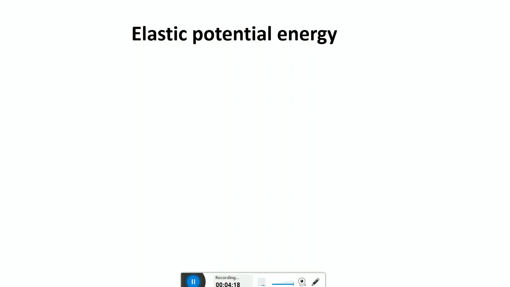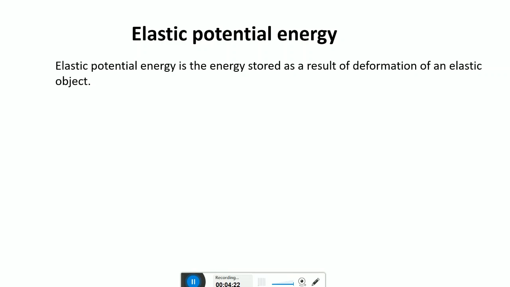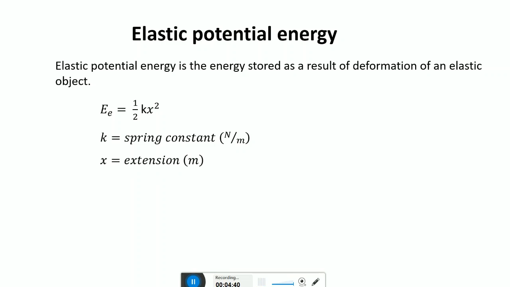Then elastic potential energy. It is the energy stored due to deformation of an elastic object. Mathematically, elastic potential energy, that is EE, is equal to 1/2 kx squared, where k is spring constant and x is extension.